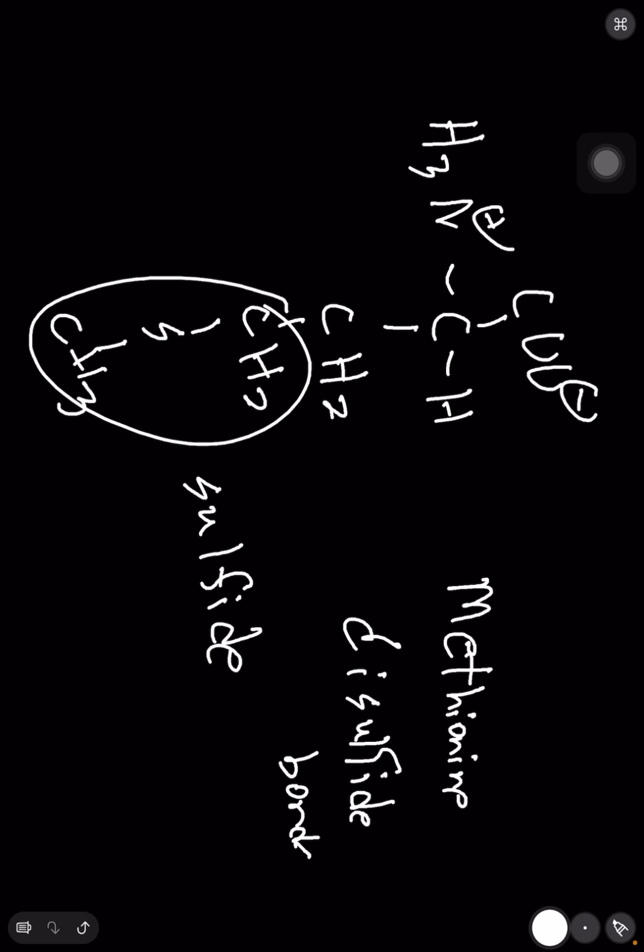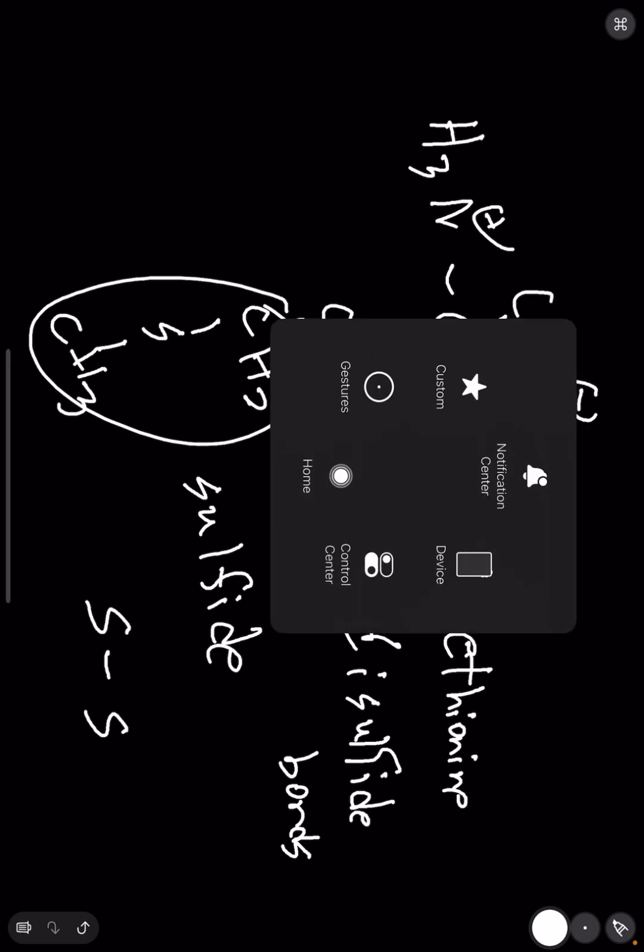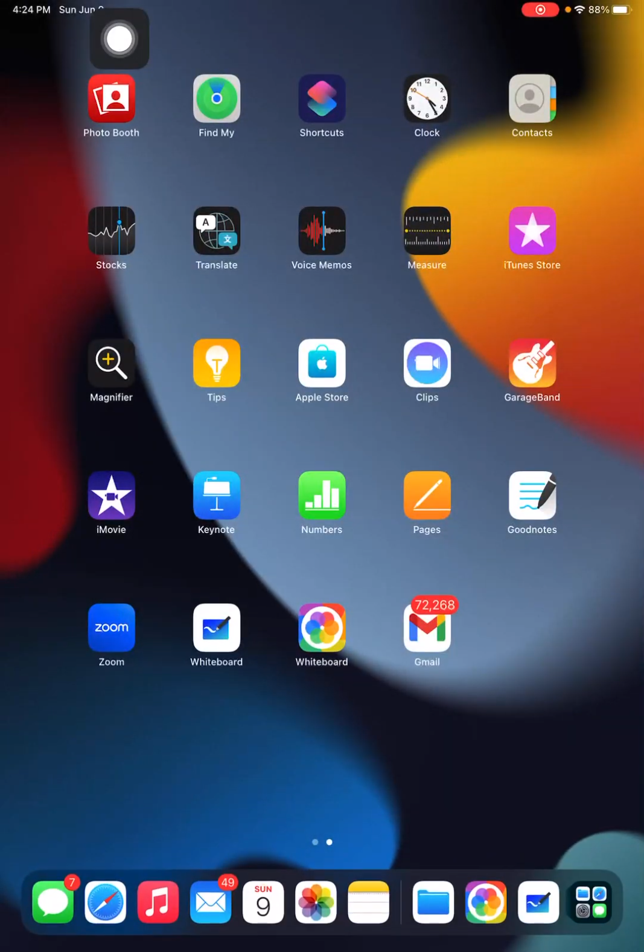Cysteine tends to do it a little bit more than methionine, but methionine is capable of doing it sometimes. A disulfide bond is when you have a couple of sulfurs that form a sigma bond in between them. Like I said, methionine doesn't do this as much as cysteine, so I'll talk about it a little bit more in a second when I get to cysteine. But that sulfur does give methionine some unusual properties and possibilities.